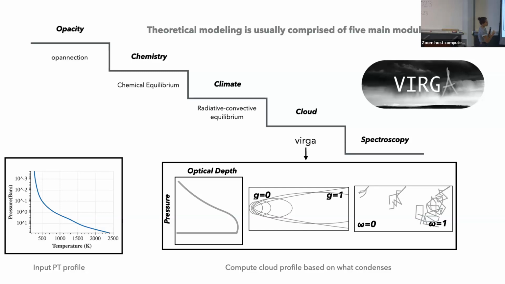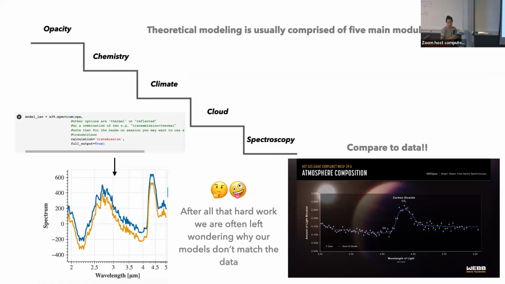And then lastly, omega, which is the single scattering albedo, which describes how much scattering your particles are exhibiting or how absorptive your clouds are. These 3 parameters ultimately go into computing your spectrum. And then the final part is computing the spectrum, which is probably the easiest part.